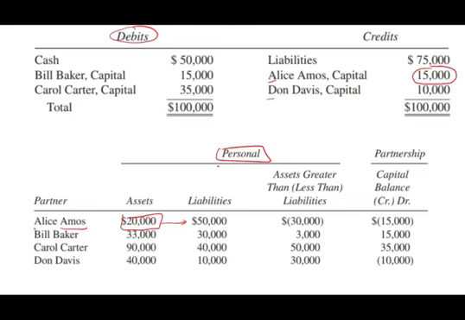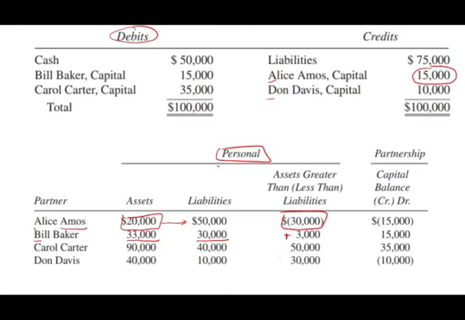So he has 30,000 of net personal debt, because his assets cannot cover his liabilities. He's down 30,000. Okay, Bill Baker, 33,000 of assets, $30,000 of debt. Well, that's good. At least he has more assets than liabilities, so he has a plus 3,000 net.